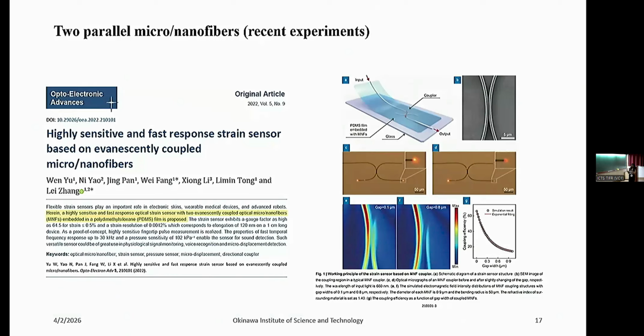You can make parallel nanofibers by bending them, and they have shown this strain sensor. So in the experiments also, I think you can bend like this and you can make parallel nanofibers.